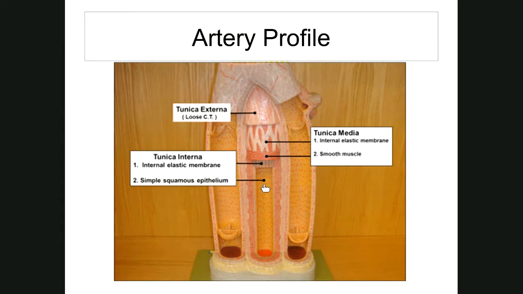E-N-D-O-T-H-E-L-I-U-M. It's the endothelial lining that's continuous throughout the entire cardiovascular system. A layer of elastic tissue called the internal elastic membrane. So it consists of two things. The simple squamous epithelium called the endothelial lining and the internal elastic membrane.